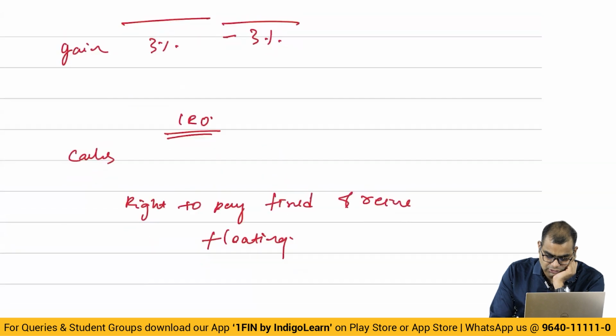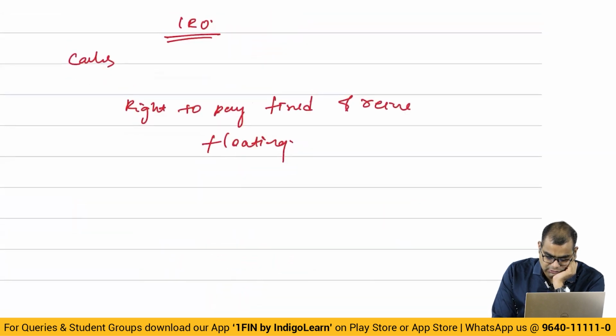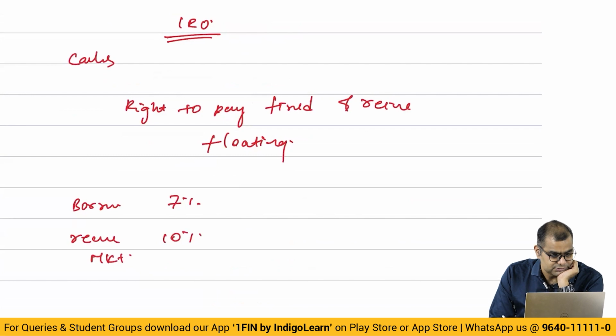So borrow at 7% and receive 10%. This is the market rate. Right to pay fixed means I am borrowing fixed, and receive floating means I am lending some money. So I make a gain of 3%.